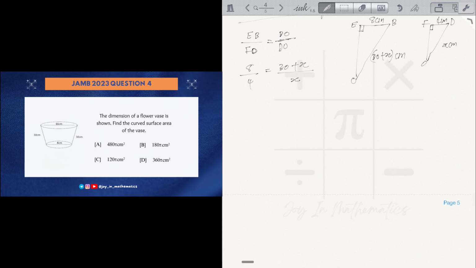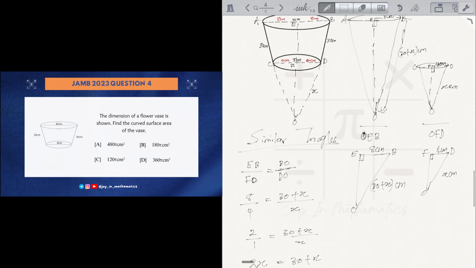So let's cross multiply. Before we cross multiply, we can just divide this 8 over 4 and this will result into 2 over 1. So this will be 30 plus X divided by X. So cross multiply now. This will result into 2X is equals to 30 plus X. So if we collect like terms, we have 2X minus X is equals to 30, and X is equals to what? 30 centimeters.